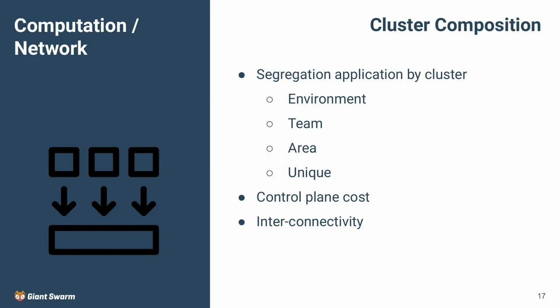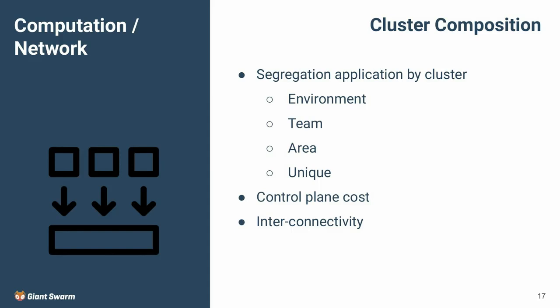But then there is a whole new set of concerns that pop up, which is how should I split my applications, right? Now I can create a cluster by environment or by team or area, or as people were usually doing years ago, you can still create one cluster and rely on the multi-tenancy principles that Kubernetes gives you.